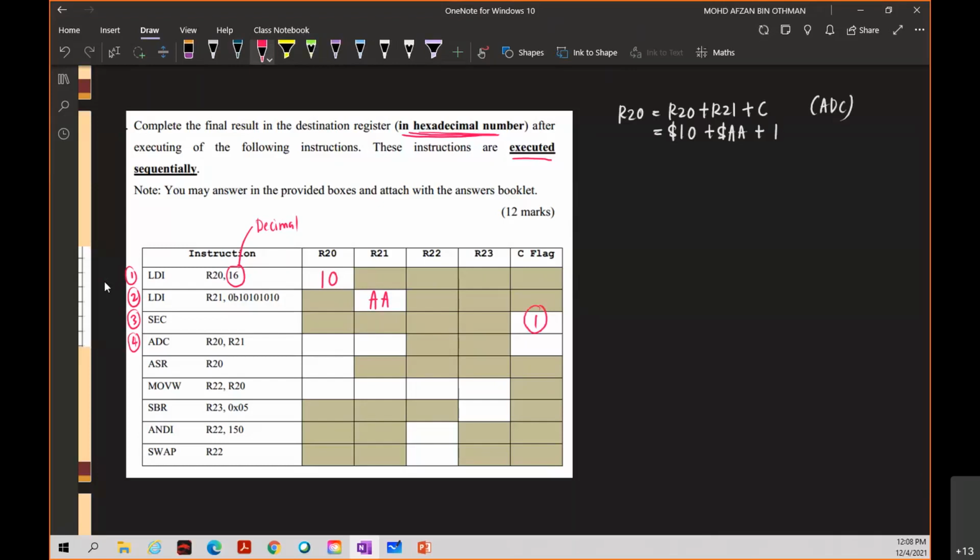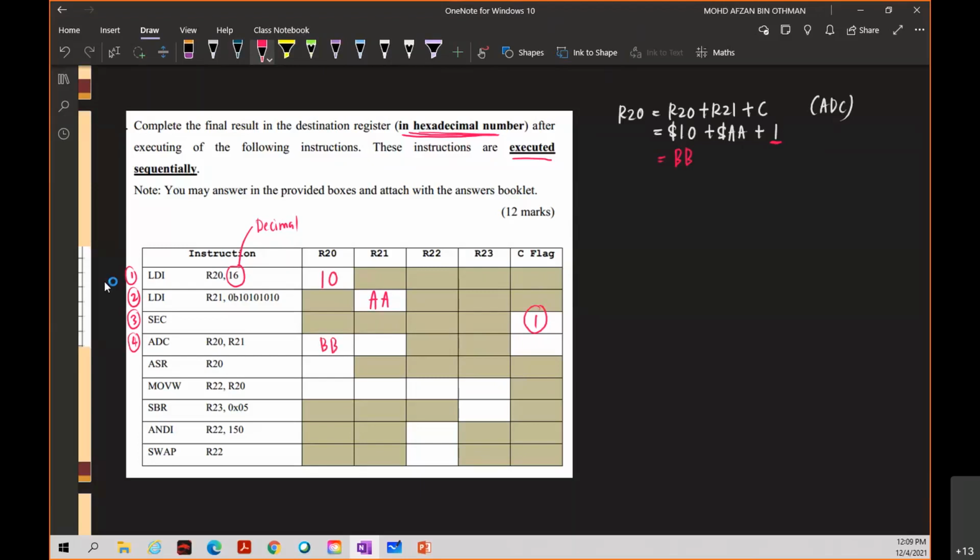So plus 1, then what do you get there? 10 plus AA plus 1, then you will get BB. So what are you going to write down here? R20 equals BB.